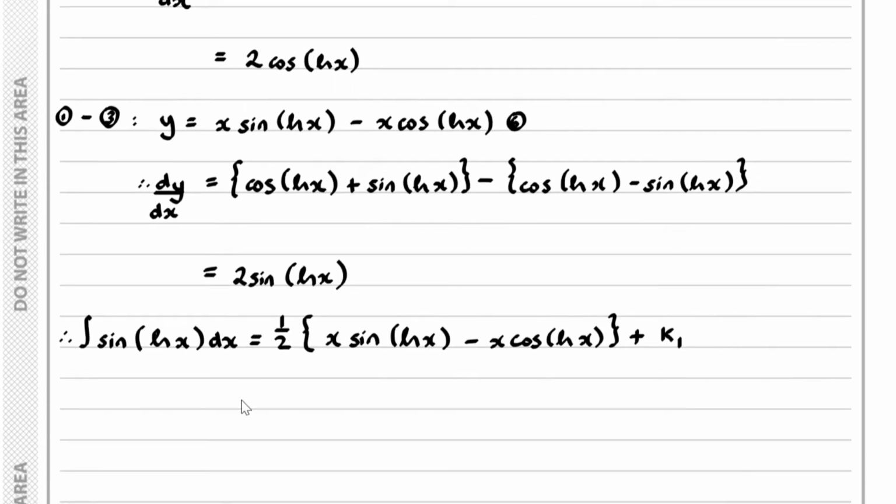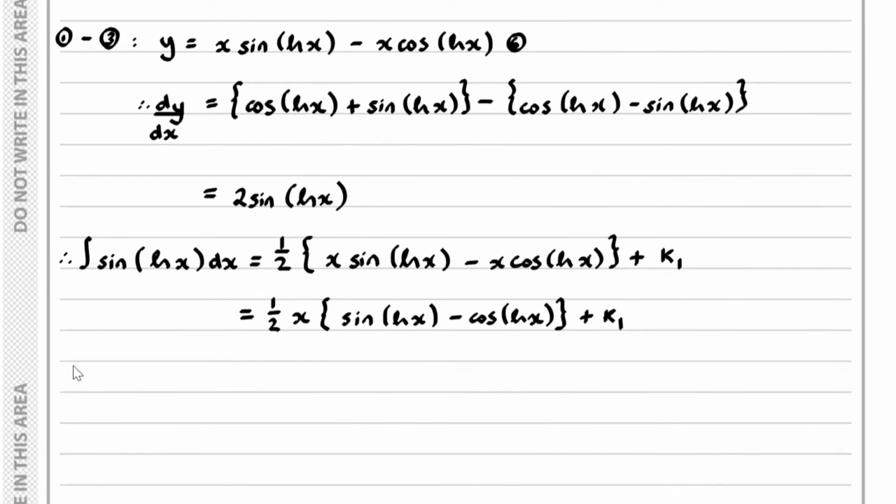And if we factorize out the x, we've got 1/2 x multiplied by sine of natural log x minus cos of natural log x plus k1.